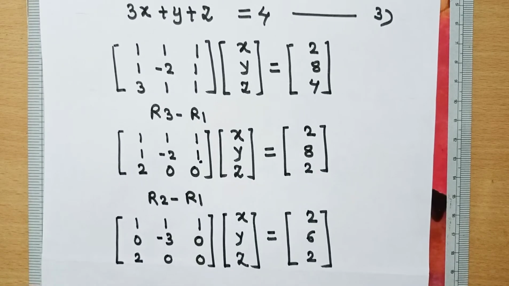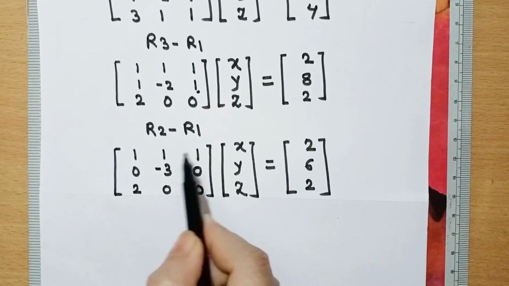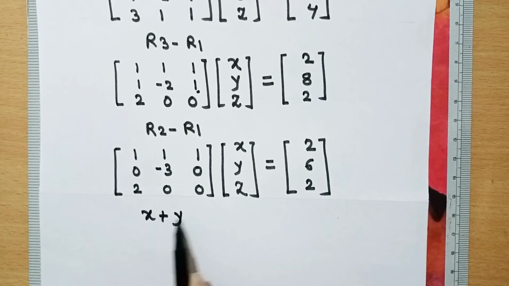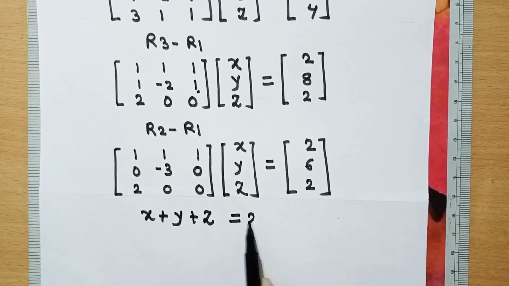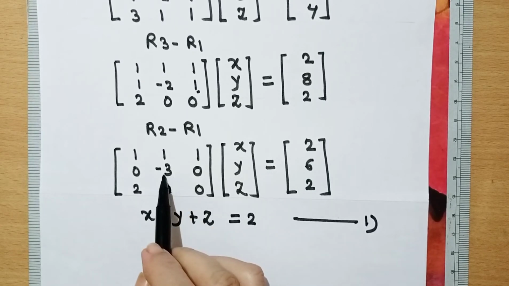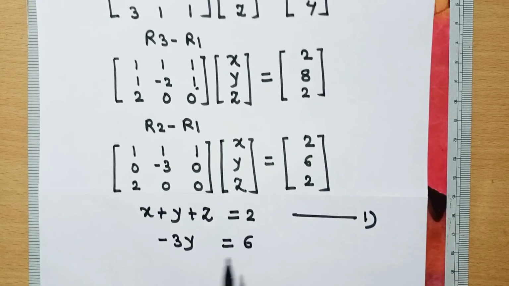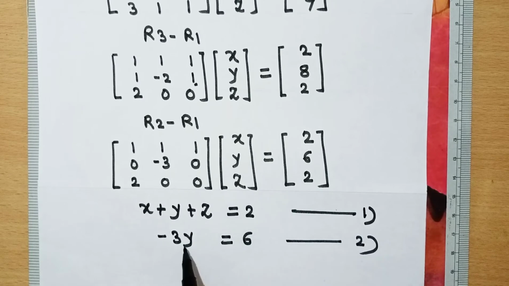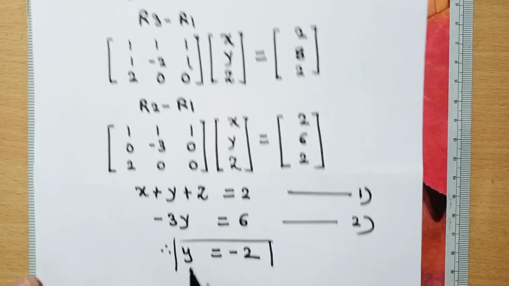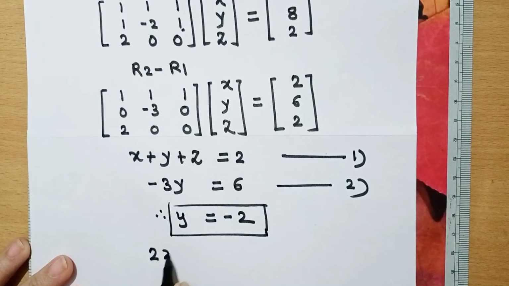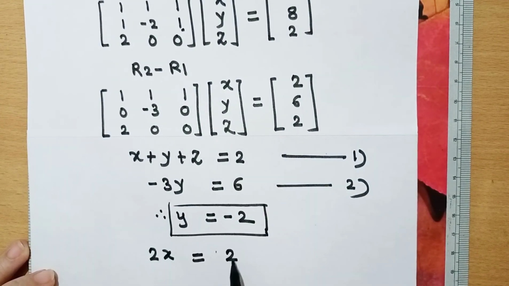Now write down the linear equations from this. By multiplying the first row and this column, x plus y plus z equal to 2, this is first. Then minus 3 times y is equal to 6, this is the second equation. Dividing by minus 3, therefore y is equal to minus 2. The third one, 2x is equal to 2.